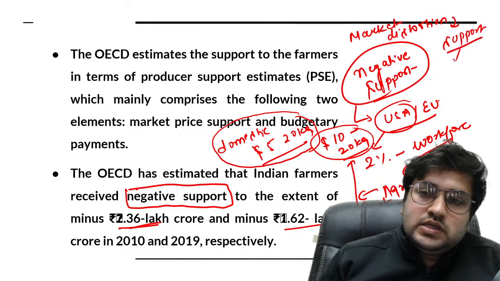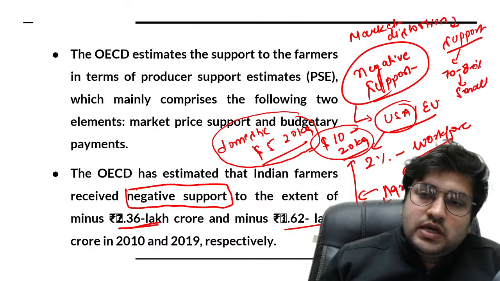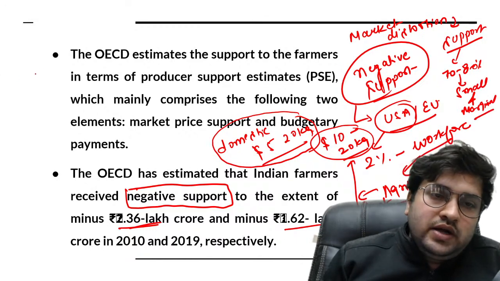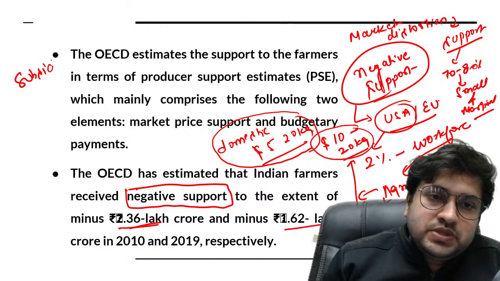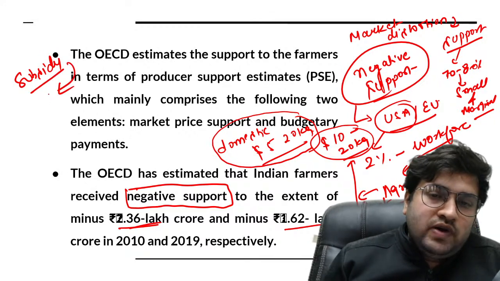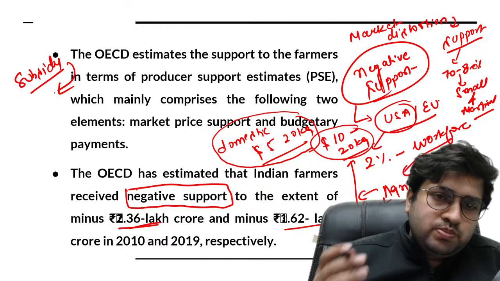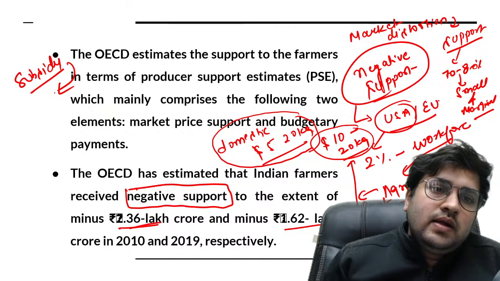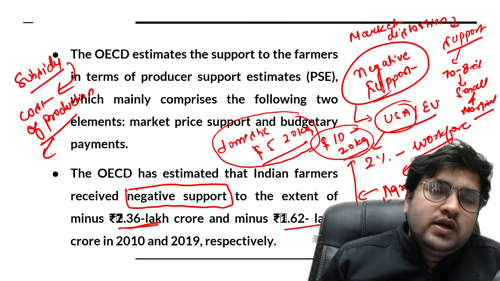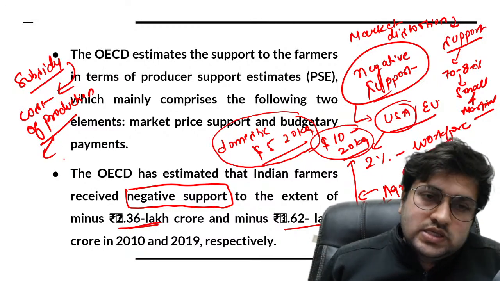For example, in India, 70 to 80% of farmers are small and marginal, and the Indian government provides different types of support in the form of subsidy. Because of the support provided to small and marginal farmers, or to all farmers, their cost of production reduces, and when it reduces, they have a greater competitive advantage in the international market.